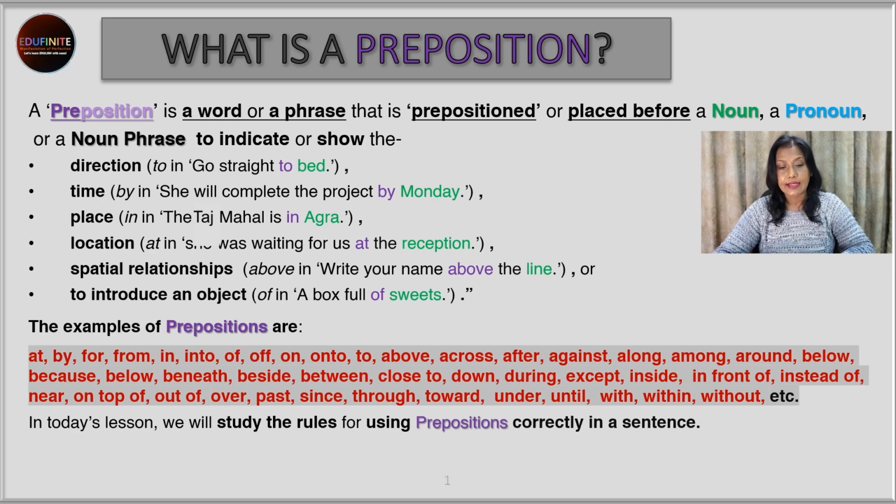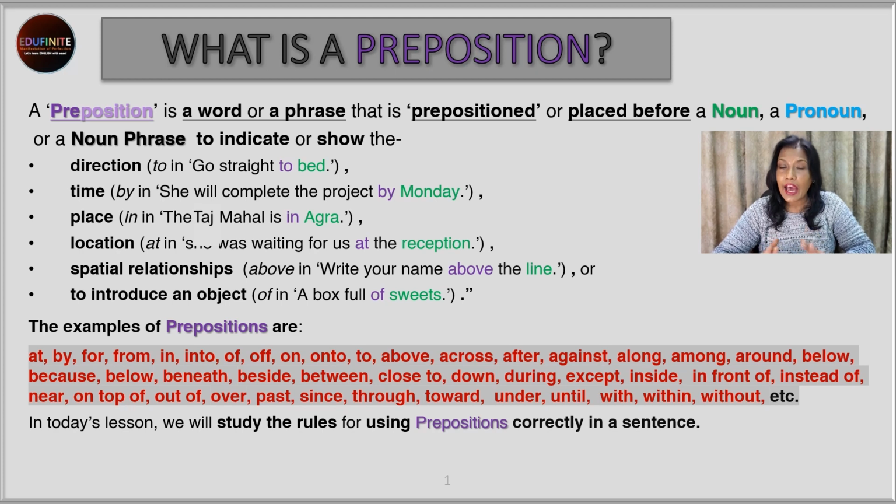In today's lesson, we will study the rules for using prepositions correctly in a sentence. So, we are using prepositions regularly in a sentence. On, off, at, these type of words we use very frequently when we talk or when we write about a topic or whatever it is.